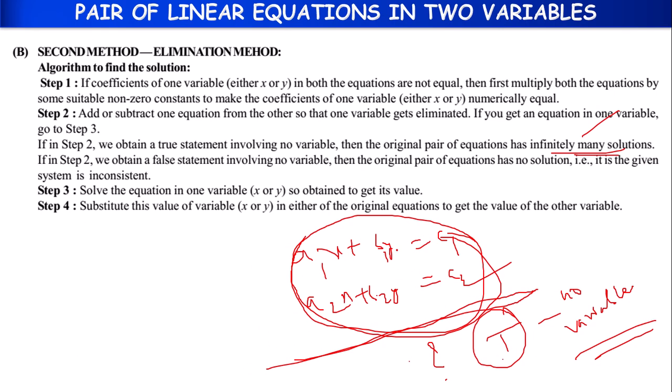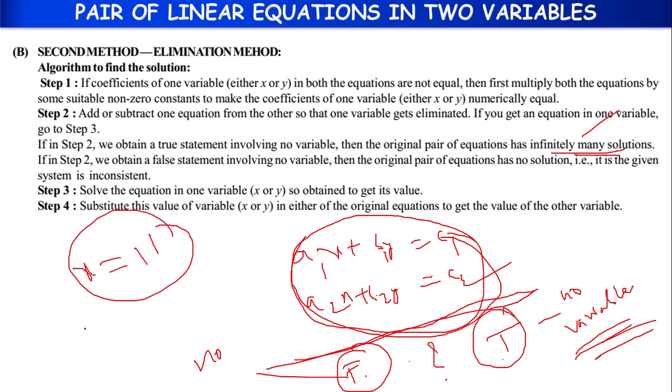Suppose if you add or subtract the two equations, if you get a false statement with no variable, then there will be no solution. In the previous example, if you get an equation in one variable, there will be one particular solution.